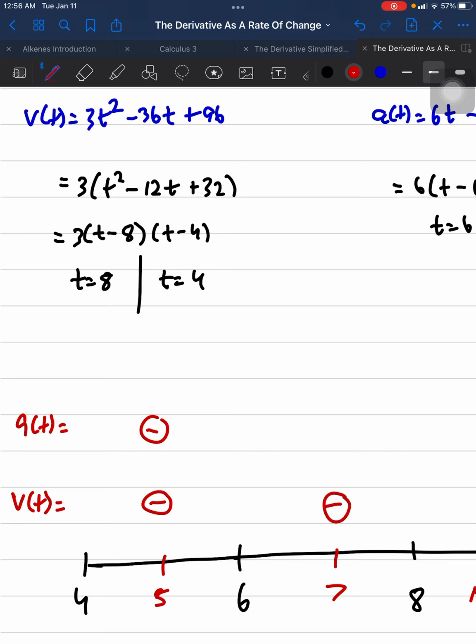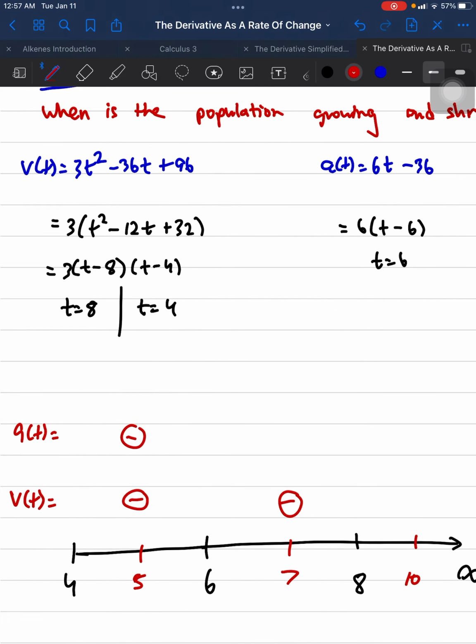We get -9. And then we plug in 10 into the velocity function.